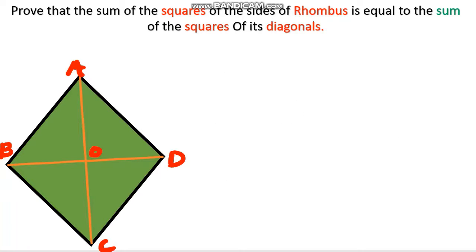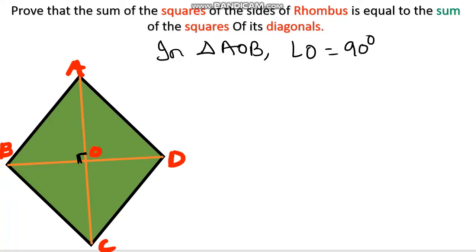Now as per our first property, O is the point where the diagonals AC and BD are meeting. At O we have a right angle. Now consider triangle AOB. In triangle AOB, angle O is equal to 90 degrees because AC and BD bisect each other at right angles.